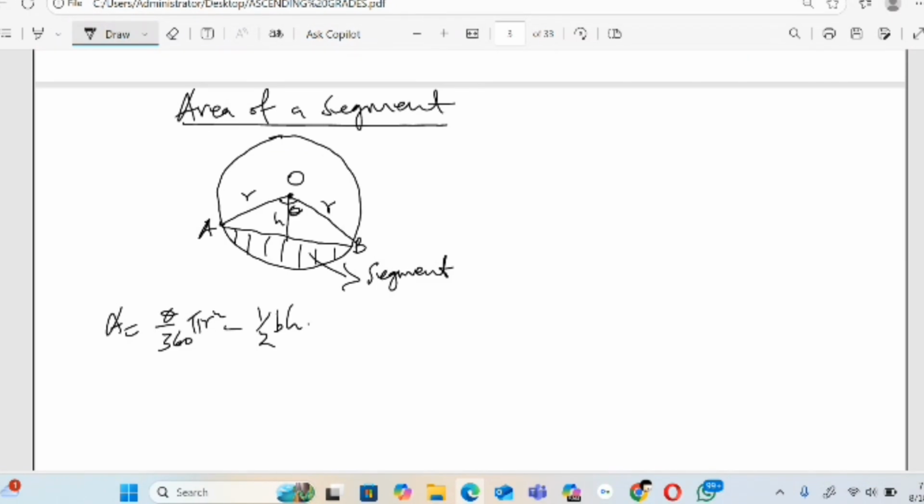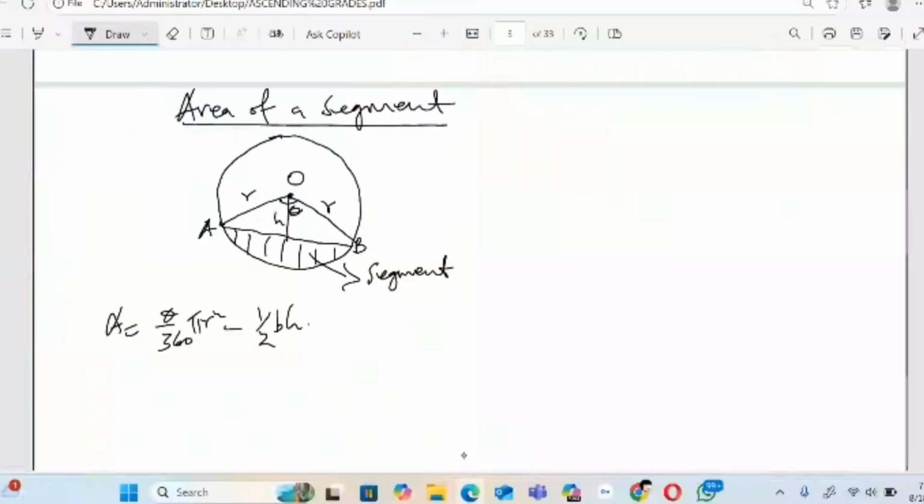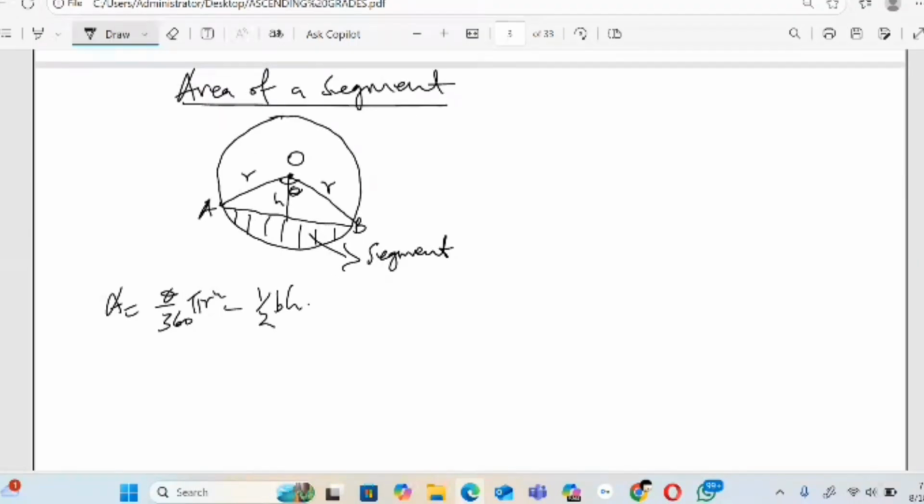So that is how you're going to find the area of that segment. We can look at an example, and move to the next thing.